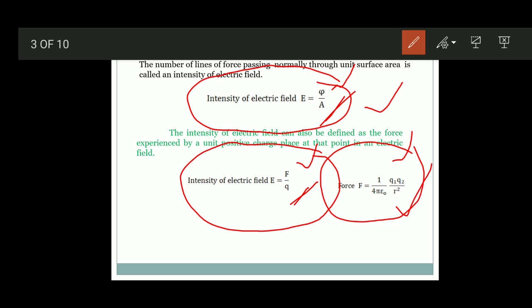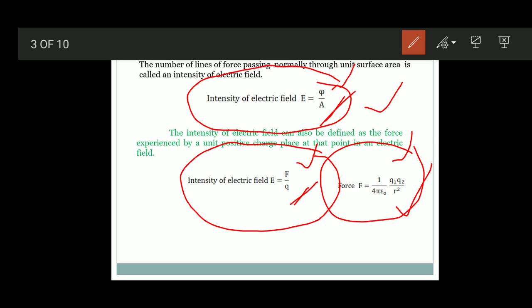There is an attractive force between different charges, that is, between a positive charge and a negative charge, and a repulsive force between like charges: between two positive charges there is repulsive force, and between two negative charges there is also repulsive force. The magnitude of this repulsive or attractive force can be calculated by using Coulomb's inverse square law.